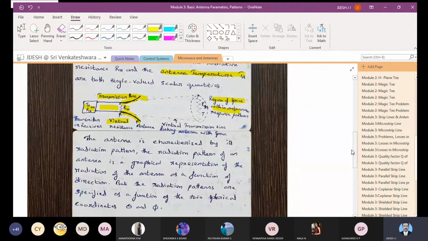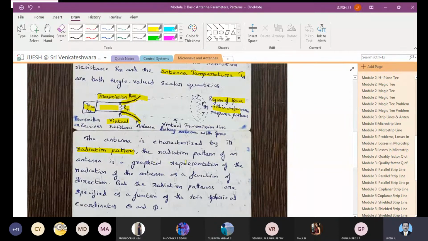So a few more points to add with this: the antenna is characterized by its radiation pattern. We will be studying this radiation pattern in detail, where you will see the main lobe, side lobes, back lobe, and all those things. It will be easy for you to understand. The radiation pattern is a graphical representation.